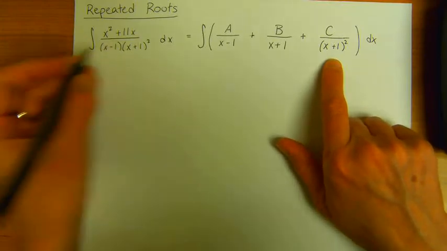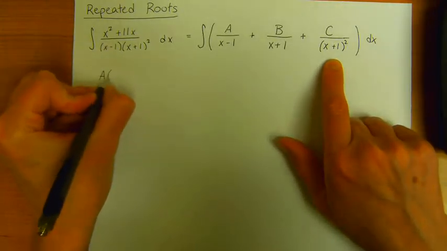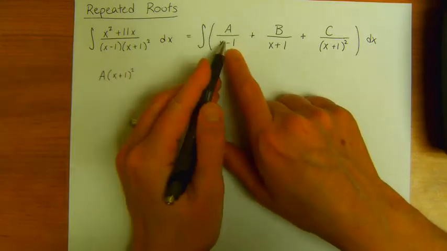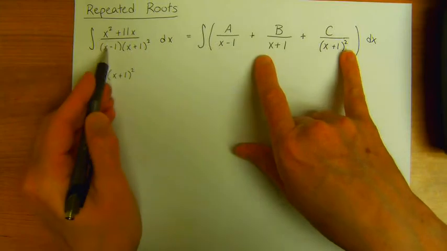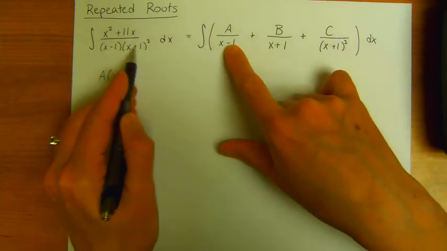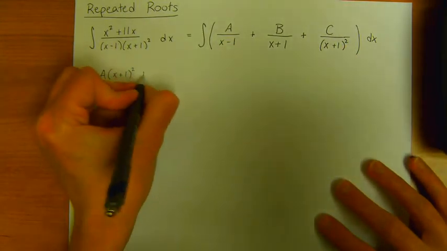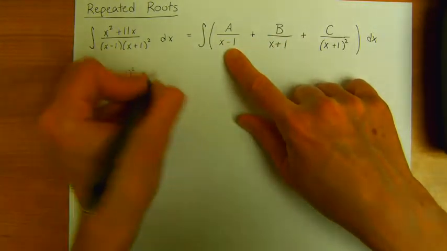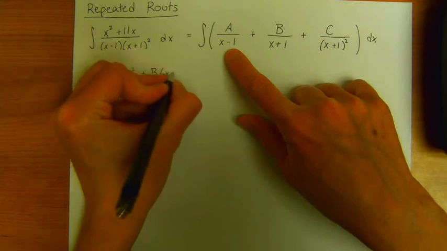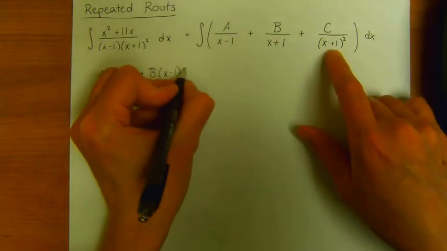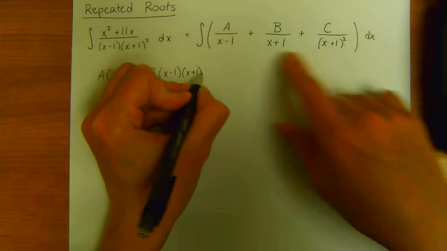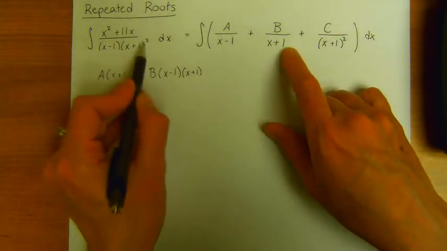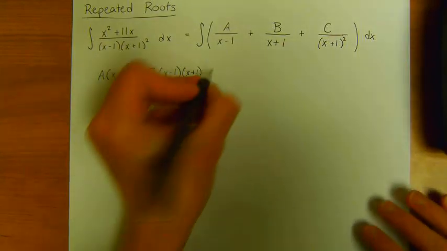So in order to get this common denominator, I need to multiply a by x plus 1 squared, because I need to have a denominator of x minus 1 times x plus 1 squared. And then my next term, b, is going to need to be multiplied by both x minus 1 and x plus 1, because this denominator only has one factor of x plus 1, and I need to have two factors of x plus 1.